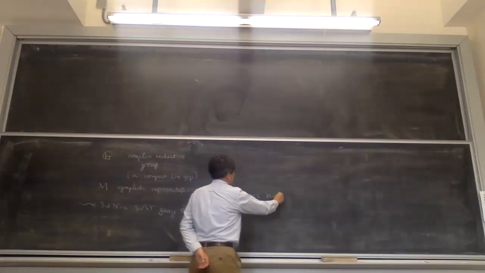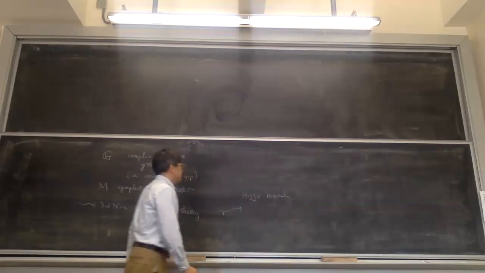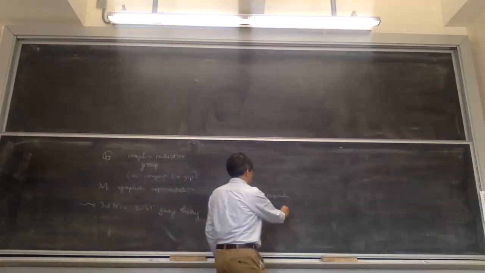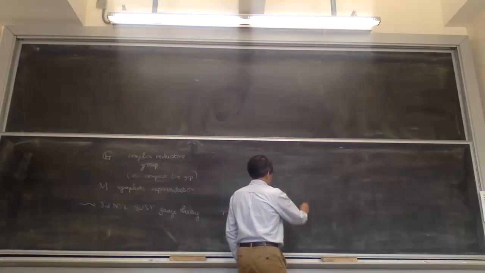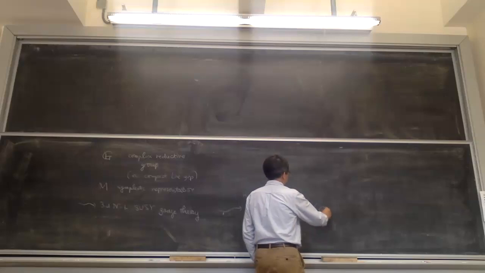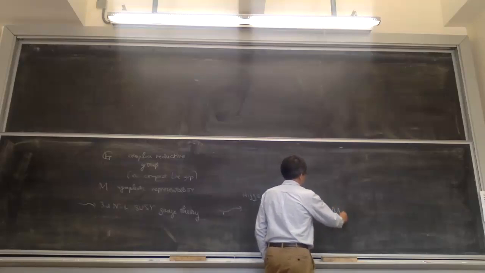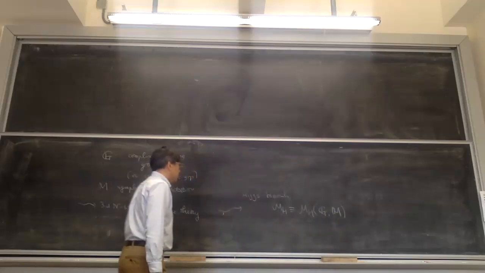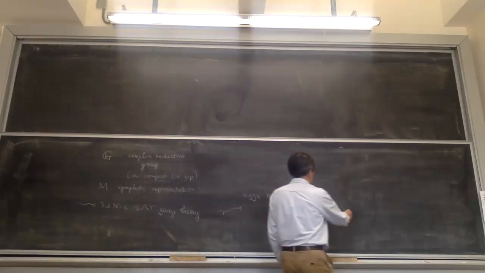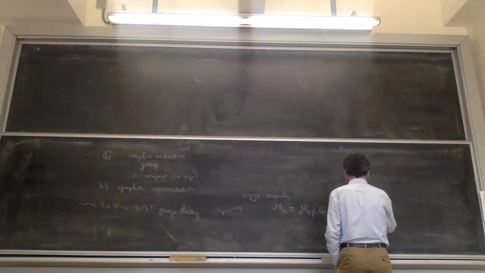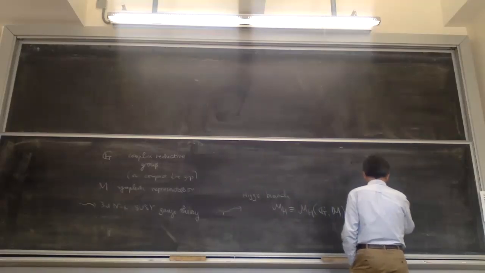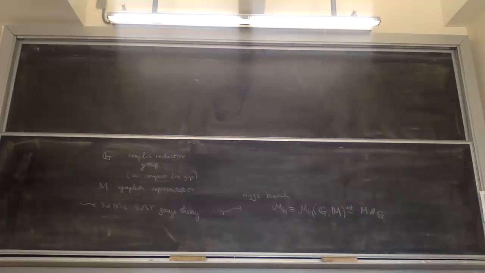The Higgs branch is easy to understand mathematically. This is M_H of G and M, defined as symplectic reduction. I denote it M triple slash G, which is my notation for symplectic reduction.